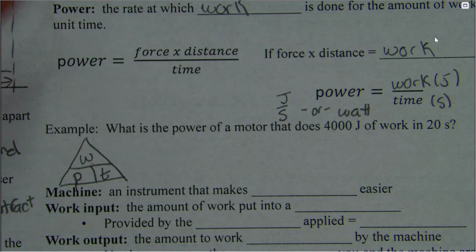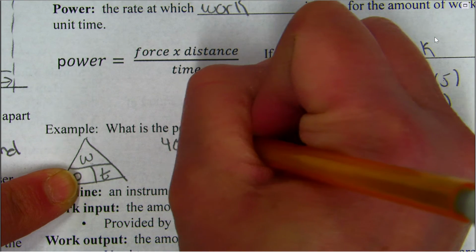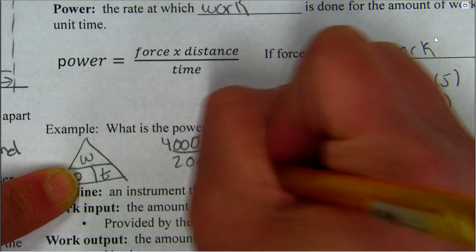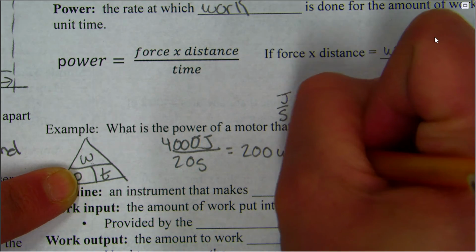So what is the power? I'm going to take my work of 4,000 joules, and I'm going to divide it by time. And so that gives me 200 watts of power.